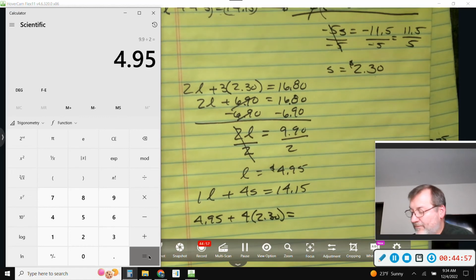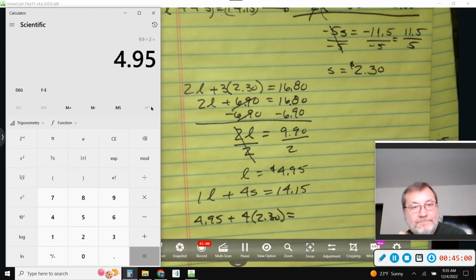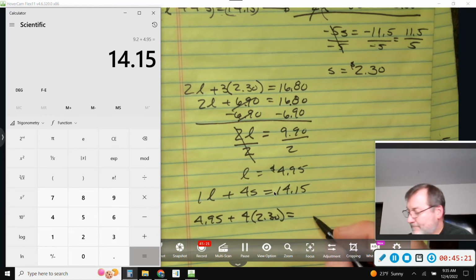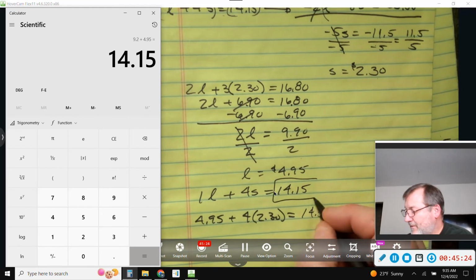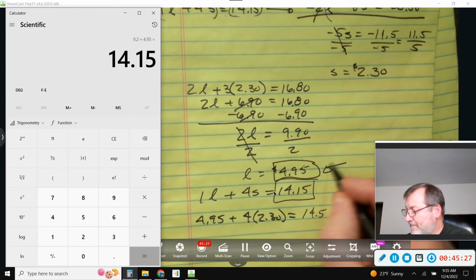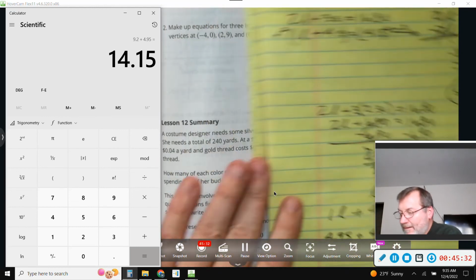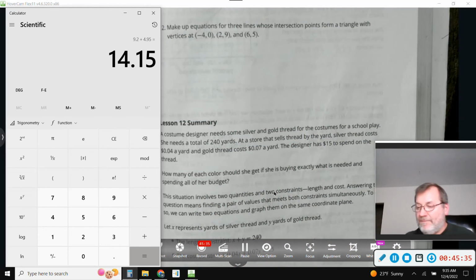Let me clear everything out. 4 times 2.3 is $9.2 plus 4.95 is $14.15, which is what I'm supposed to get. So I know these are my correct answers. Okay, and there you go. That's the big things on that one.